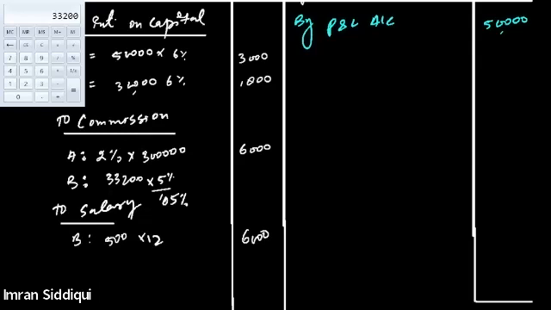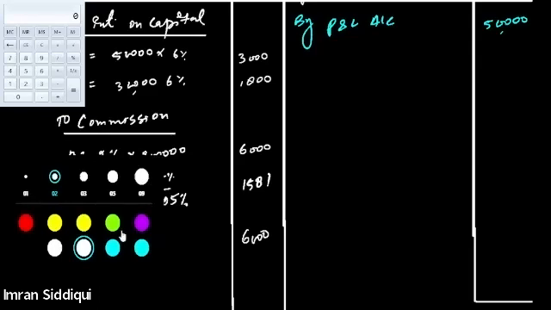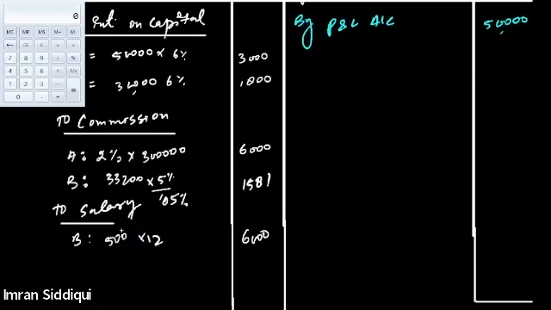So 33,200 into 5% and divided by 105. Just a minute. Calculating it, we will get 1,581. Now the remaining amount will be considered as the divisible profit, and this will be distributed among the partners. So we'll write down divisible profit transferred to partners.